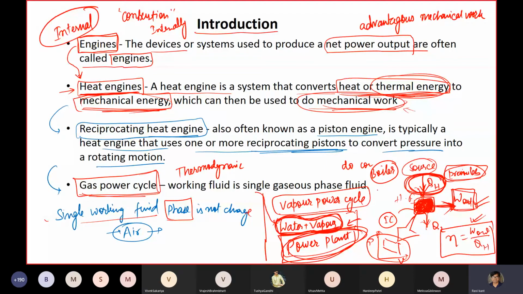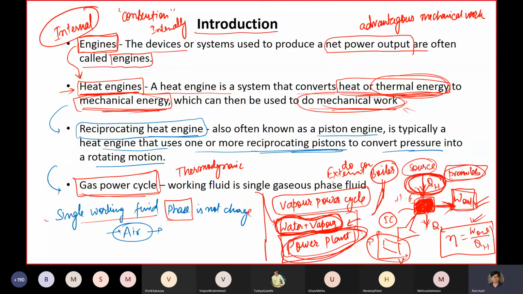You take those combustion products, do some thermodynamic work, and then rotate your turbine and in turn generate electricity. Those sort of things are called external combustion engines.